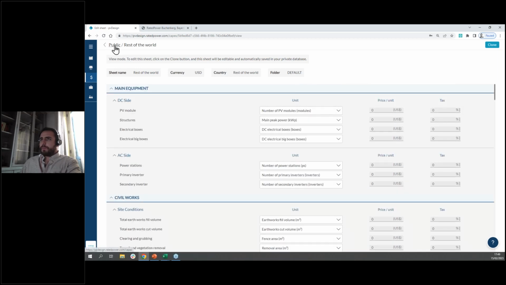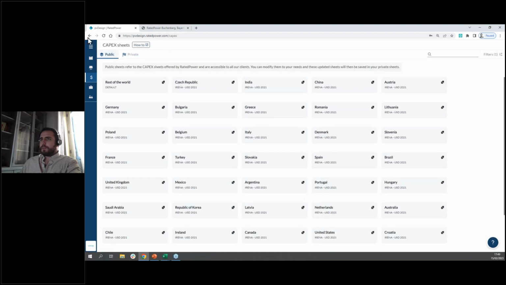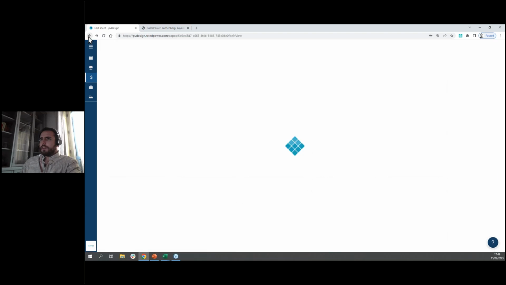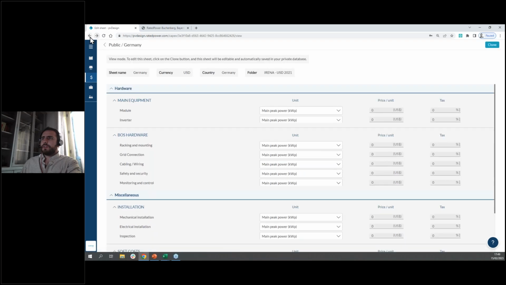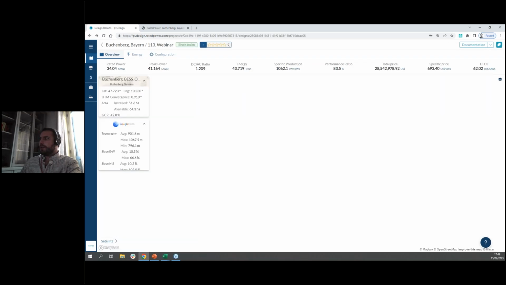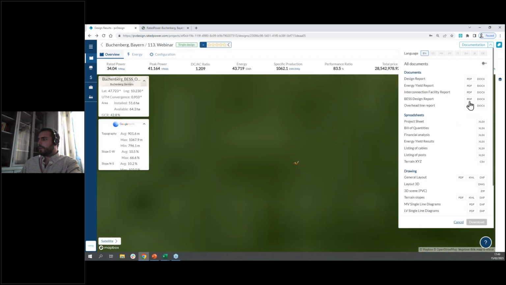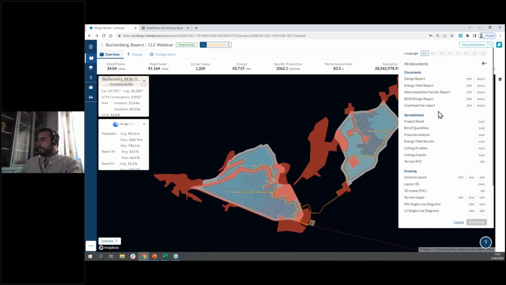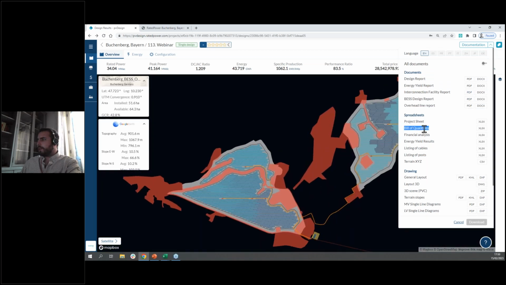Once we have this, we generate the design with this template. Let me show you the result of the design. Okay, here I did an example. So we generate the bill of quantities.